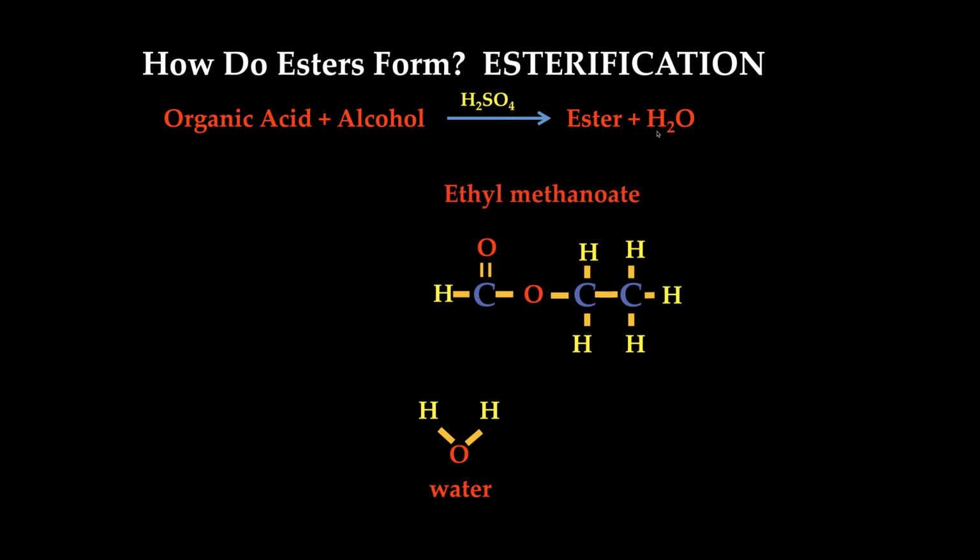The name of the ester is the recipe for the ester. We reacted methanoic acid with ethanol, and this formed ethyl methanoate. So to make this, we need ethanol and methanoic acid. That's where this came from, the methanoic acid.